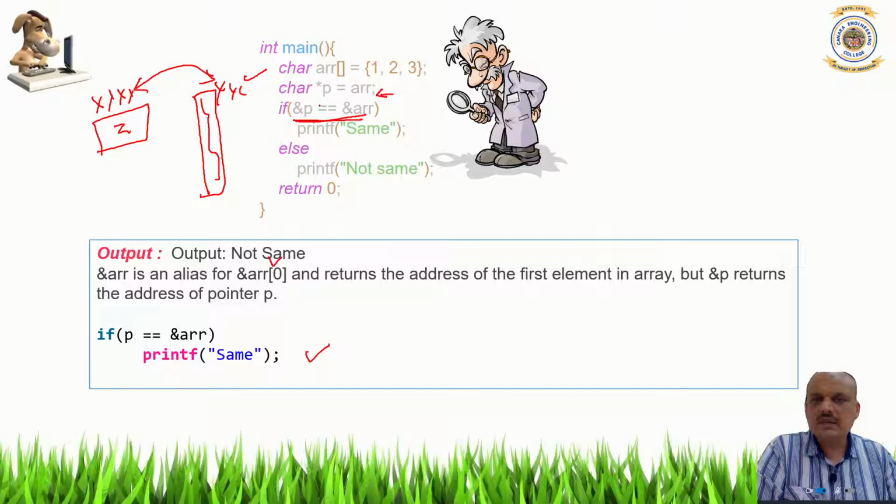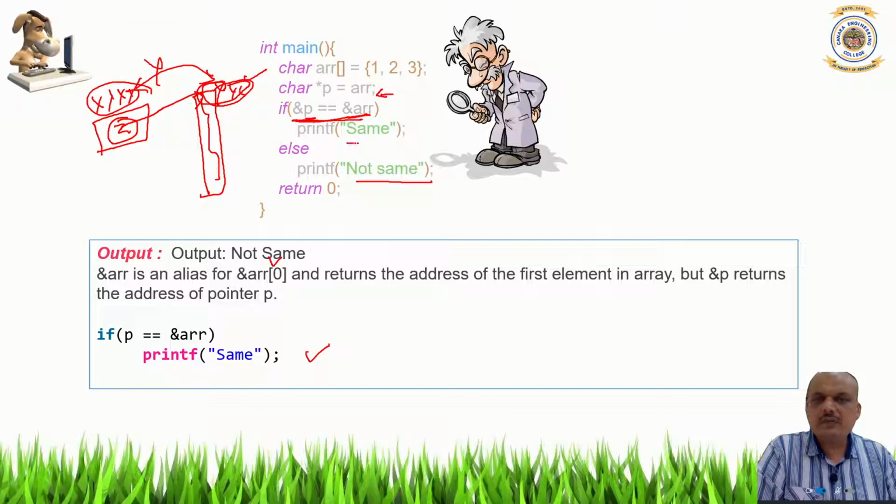So even though I am saying *P is equal to A, that the value at P is pointing to X, I am not comparing this with the value at P, but with the address of P. I am comparing the address of the array with the address of P. So that cannot be the same, and what gets printed out is not same.